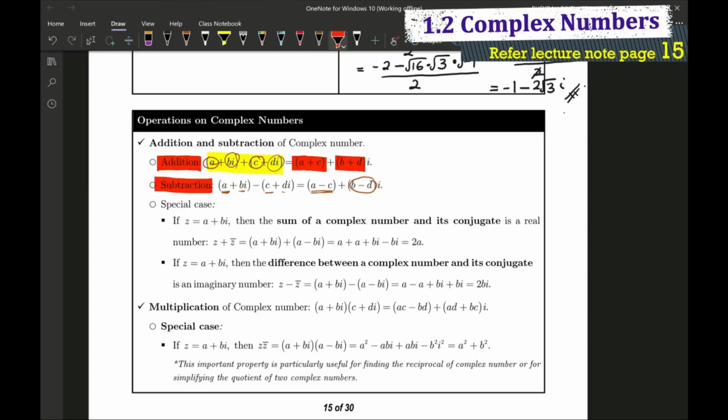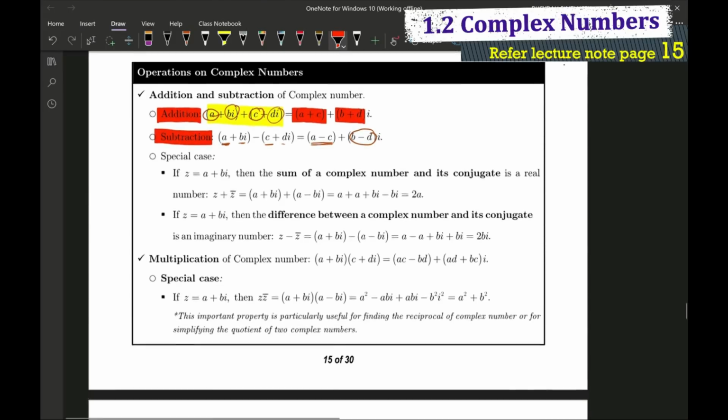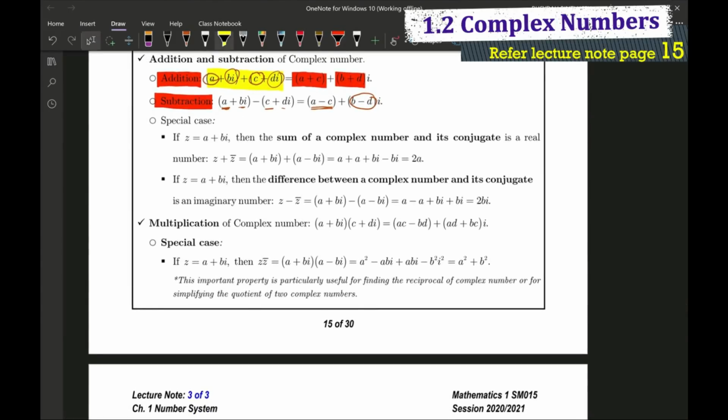Now we go to multiplication of complex numbers. Actually, the general idea is you can multiply complex numbers just like you multiply a traditional binomial.